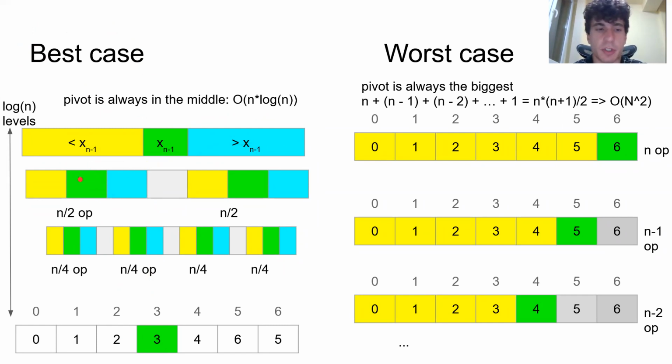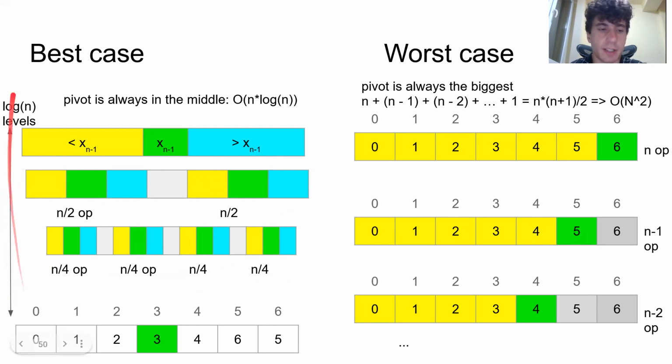The next time we partition, one half with n/2 operations, and the other half again with n/2 operations. And in total, we'll have n operations. And when we do these smaller bits, again, we'll have n/4, n/4, n/4, n/4. So basically, we again have n operations in total.